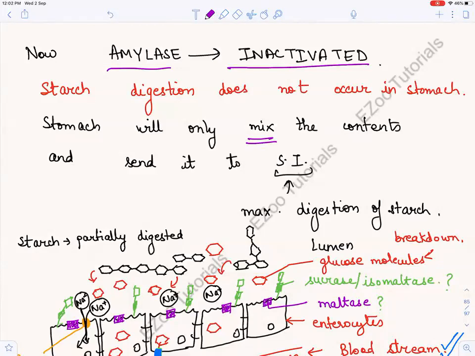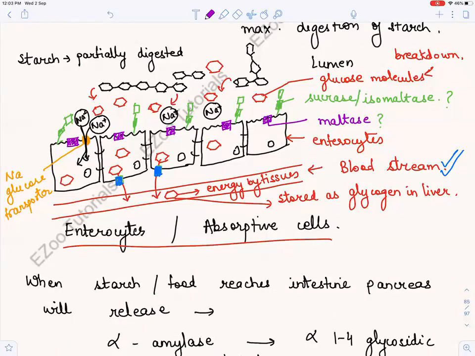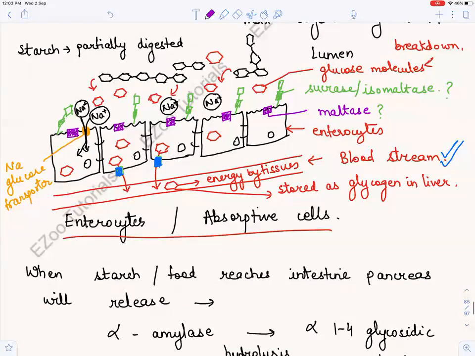Then we did the absorptive cells with brush border enzymes, and we saw how the partially digested starch is getting broken down into glucose, and glucose is entering enterocytes, and how it is going into the bloodstream, and finally it is being used by the body or being stored as glycogen.